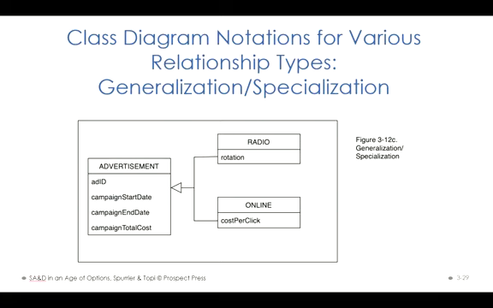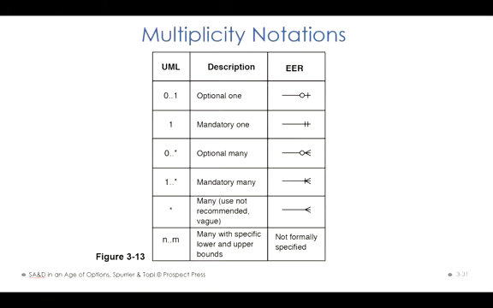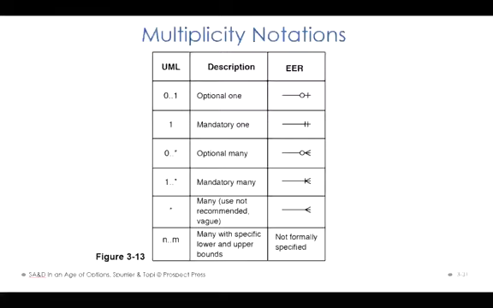The parent class, or the bigger or more abstract concept, is represented by this triangle arrowhead pointing to the more abstract concept. And for multiplicity, instead of using the Crowfoot notation, we are using the number notation. For every end of a relationship, we also have a minimum and a maximum multiplicity, represented by a number or by an asterisk to represent many.